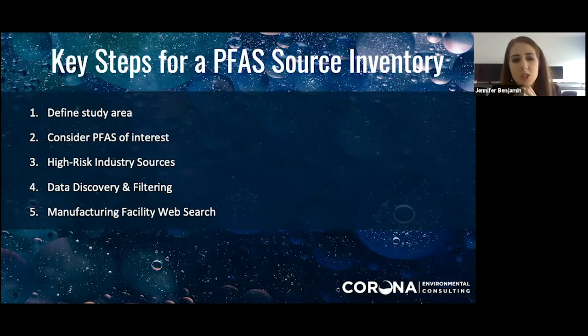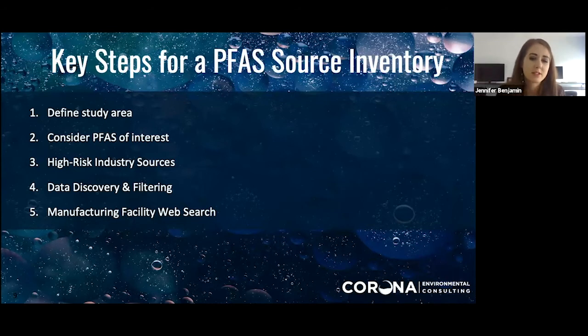The data sets you collect are likely to have been collected for purposes other than PFAS source identification. So you're very likely going to have to filter those data sets in order to remove any irrelevant or low-risk facilities that they include.